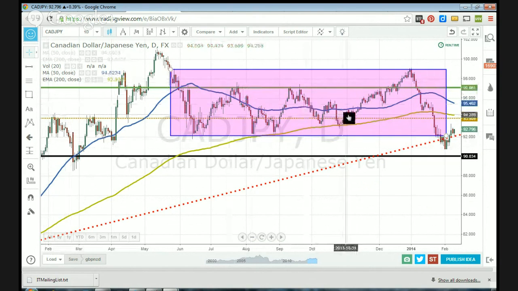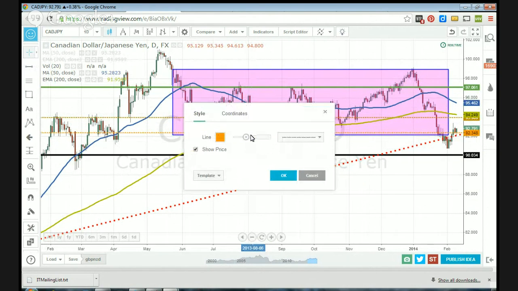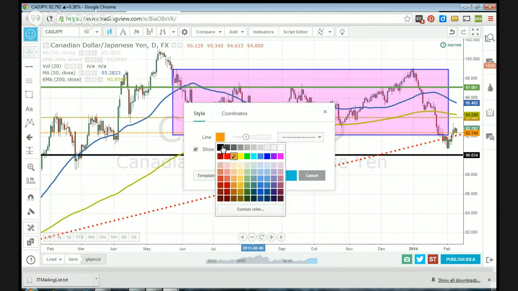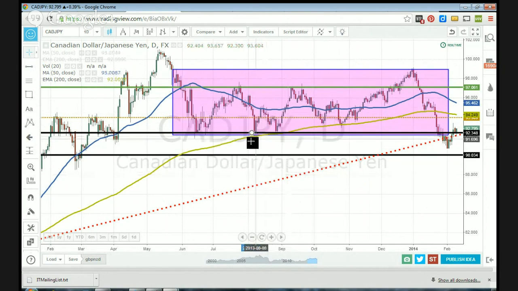So, we clearly do have a support level of sorts here. Oh, that should be black and very thick and solid. Okay, so it's clearly a support level here.